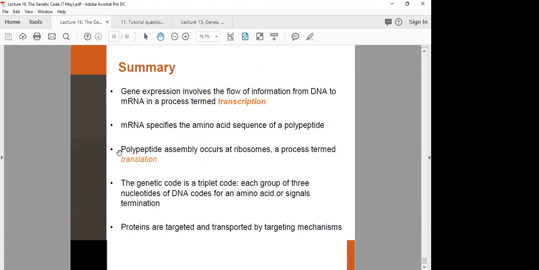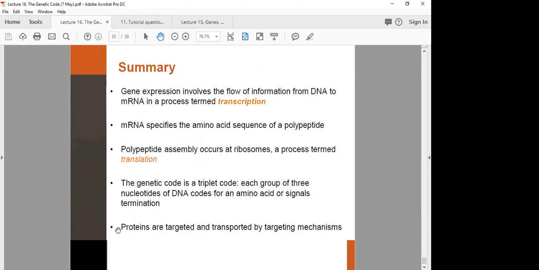Polypeptide synthesis occurs at the ribosomes in the cytosol of the cell, and this process is called translation. The genetic code found within that table is a triplet code. That is, each group of 3 nucleotides will code for a specific amino acid, or, as we saw, there are signals for termination, which we call stop codons.